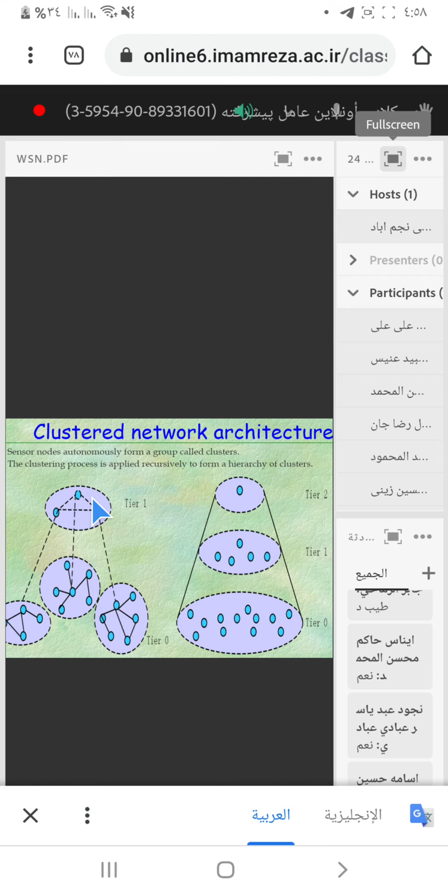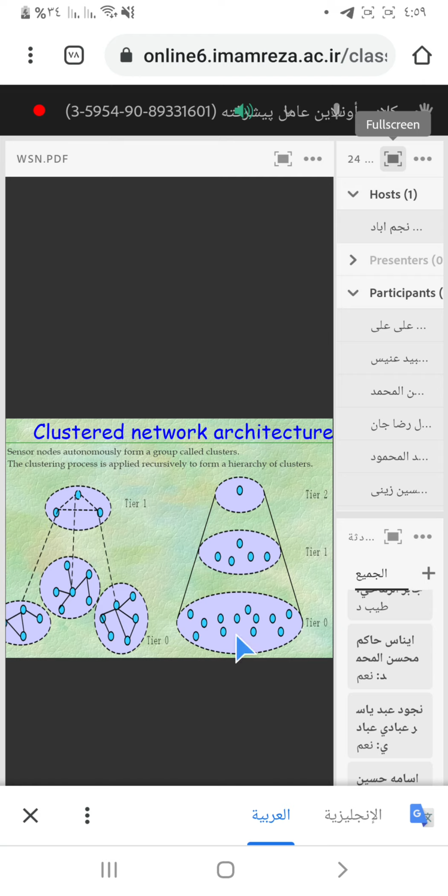Sometimes the cluster network architecture consists of more than two tiers. For example, in this figure you can see three tiers, tier 0, tier 1, and tier 2.